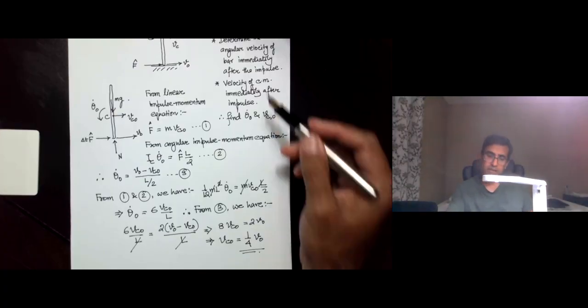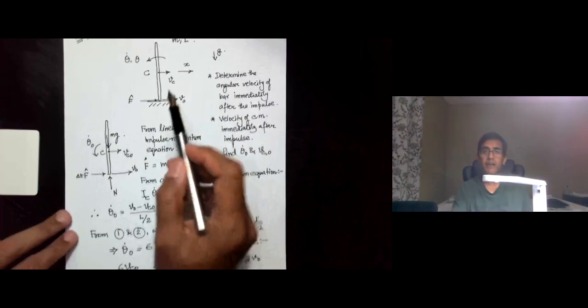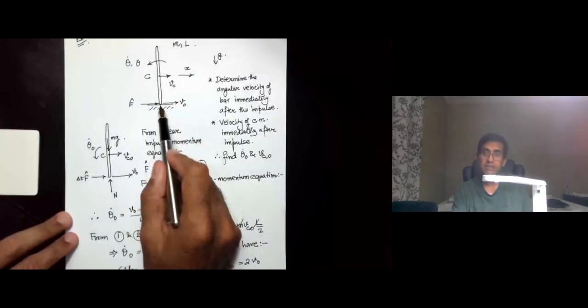So we actually have the velocity of the center of mass. The velocity of the center of mass as a result of this impulse is 1/4 of the velocity of the bottom.